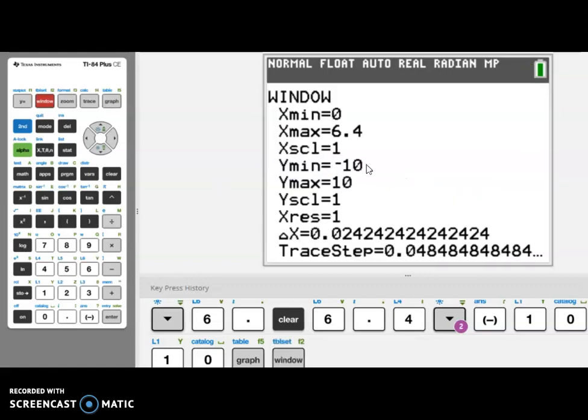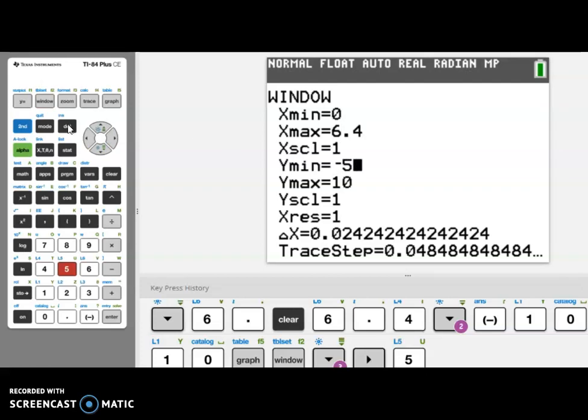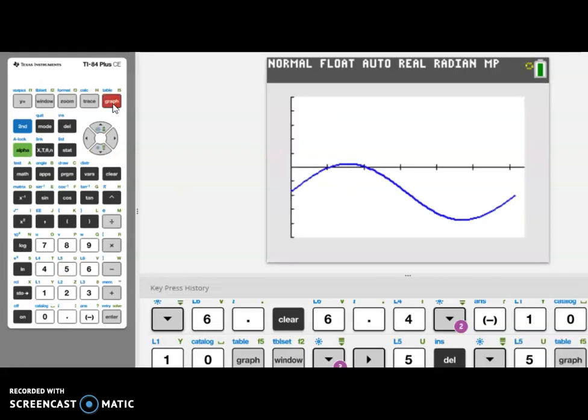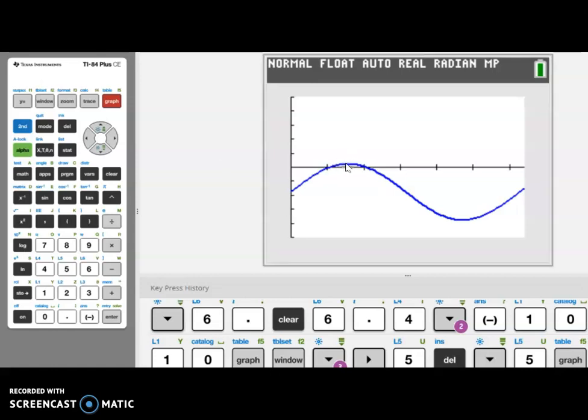Let's say we go negative 5 to 5. You can play around with that so you see a little better where it's above and below. Okay, let's go back to our work.